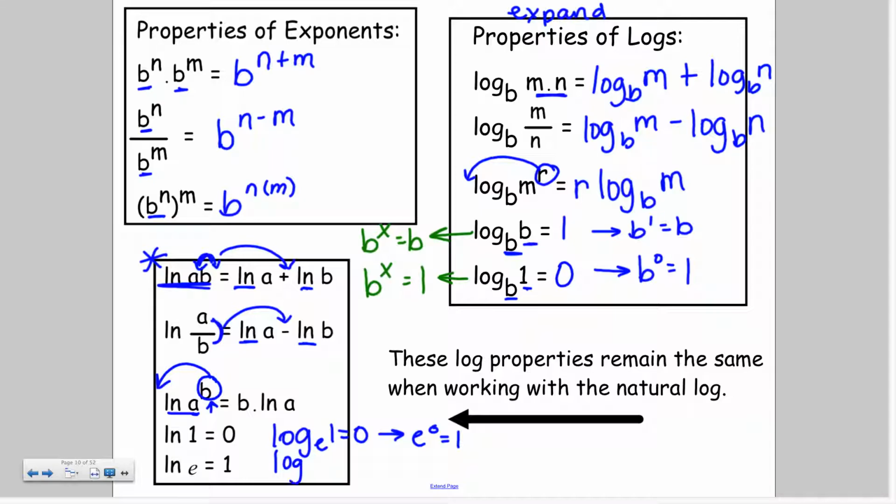So log base e of e is equal to 1. Or if we write it in exponential form, e to the first is equal to e. Anything raised to the first power is itself. So that's your notes that you're going to have to be able to expand and condense, because you're going to have to know what it's saying that you're doing.